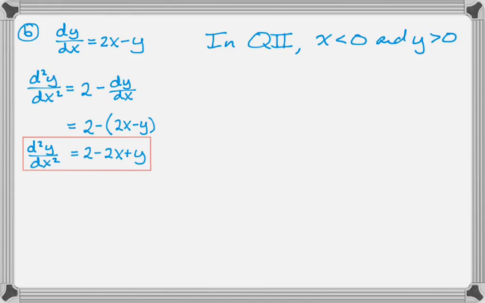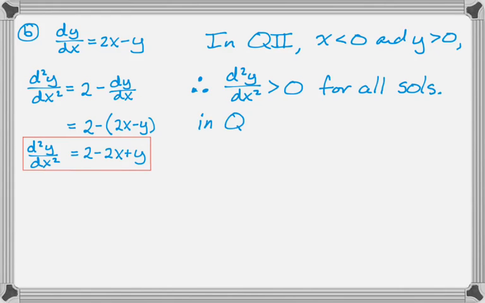So we have 2, a positive number, and a positive number, so we can conclude that the second derivative is greater than 0 for all solutions in the second quadrant. So every ordered pair in the second quadrant generates a positive second derivative, so we're concave up.